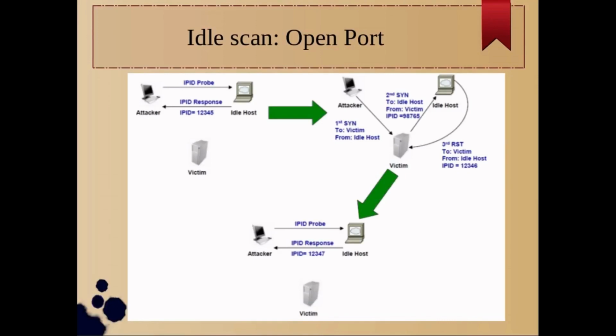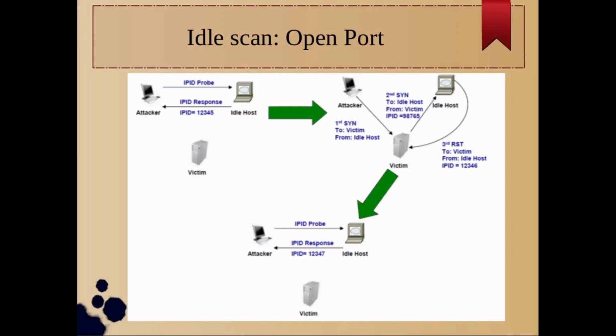An IP ID probe is sent to the idle host, and an IP ID response is received from it. Any active host will give that response. So we have the IP ID 1 2 3 4 5 from the idle host, and the attacker gets to know that.